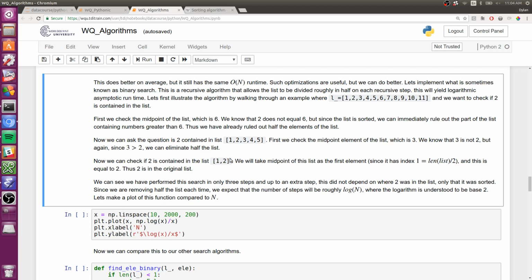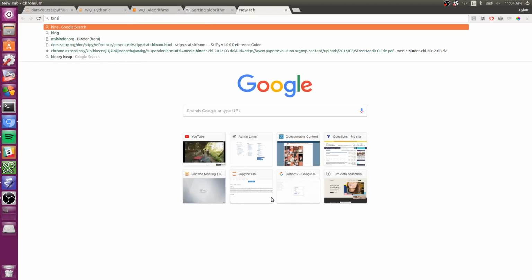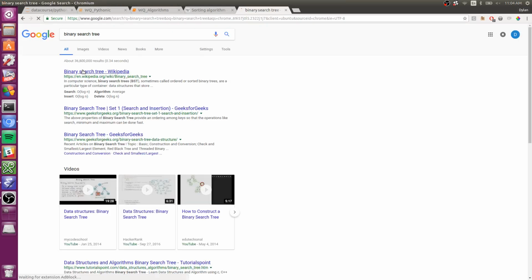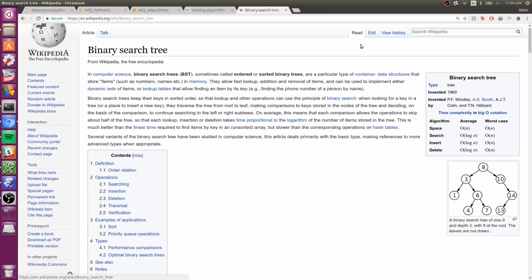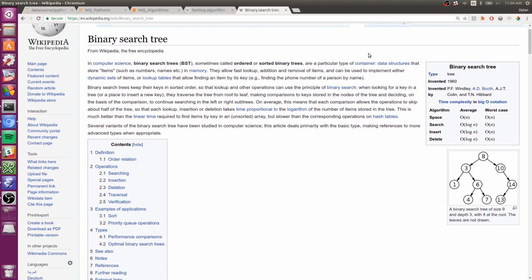And it turns out that you can connect this with a tree structure called a binary search tree, where the number of levels in the tree is log n, where n is the number of elements in the tree.